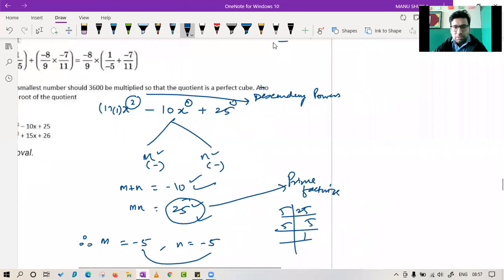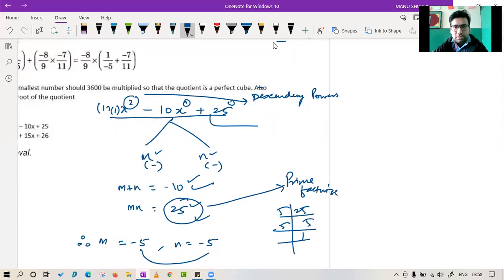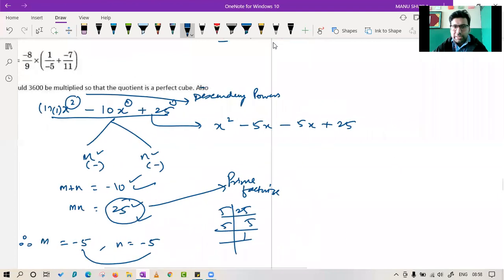We can write the question as x square minus 5x minus 5x plus 25. Now let's take common. X is common. X minus 5 minus 5 x minus 5. Yes, we have to regroup. Class, one more thing, I need to do this step in front of you only. Please tell me what is common in the first two terms.